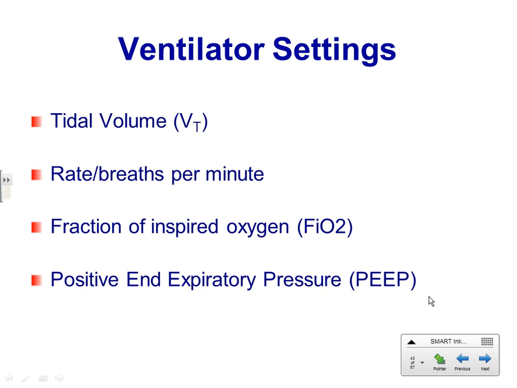They can get anywhere from 21%, which is what? Room air, all the way up to 100%. And that's going to change based on the patient's condition, their ABGs, and all that. So that's one of the settings that you'll see being changed a lot. And of course, the lower the FiO2, the better their ventilatory status is, because they're able to oxygenate and they don't need the high levels of oxygen coming from the ventilator.